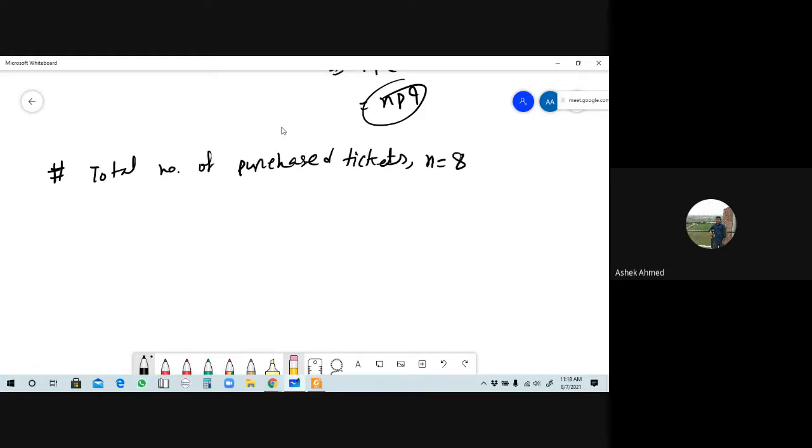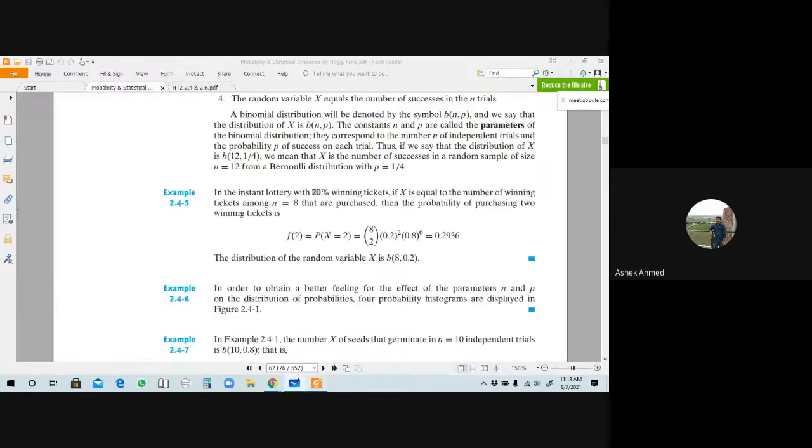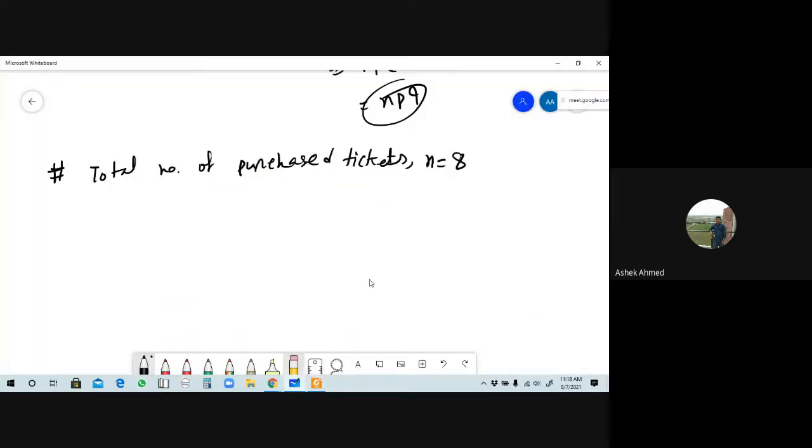The probability of winning tickets is given, this is P, 20%, that is 0.2. Then the probability of losing tickets is 1 minus 0.2, that means 0.8.